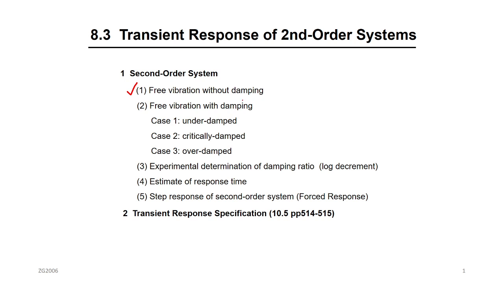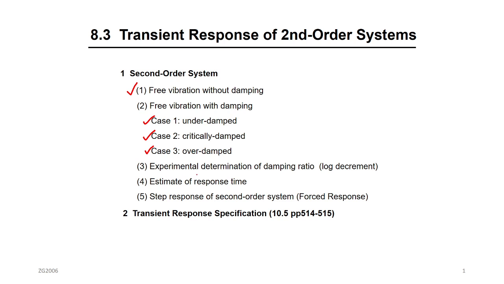So there is zeta, there is damping. So the first case we will draw a system without damper. Then the second case we will add damping. This is the case with underdamped. Critically damped, when the damping is equal to the critical damping, and overdamped when we add too much damping to the system. Okay, these are the cases that we're going to talk about today.